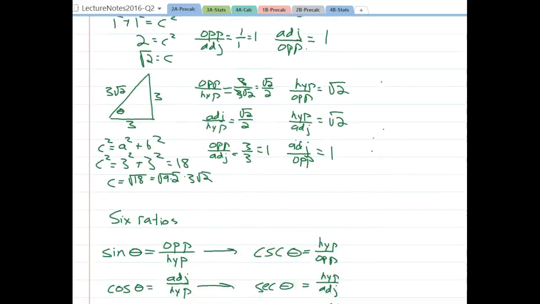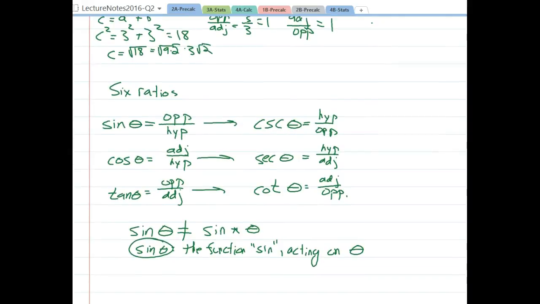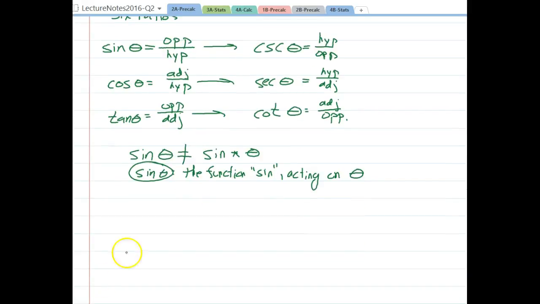Well, what we did last time, so have some notes out so you can take some notes this morning. And what we looked at the last time we met on Monday, we looked at these 6 trig functions. And the main point here is that each one of these functions represents a ratio of 2 sides of a right triangle.